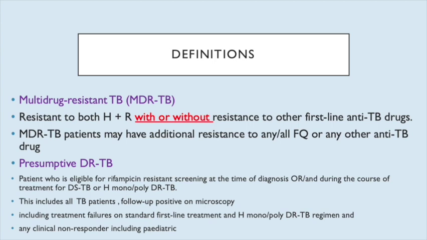So all patients are eligible for testing for rifampicin resistance at the time of diagnosis, or if you find them positive during the treatment, or they are lost to follow-ups, or they are treatment failures, both adult and pediatric patients. Any non-responders are presumptive drug-resistant TB patients.